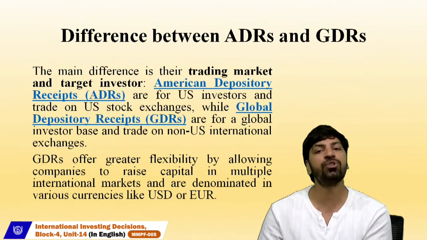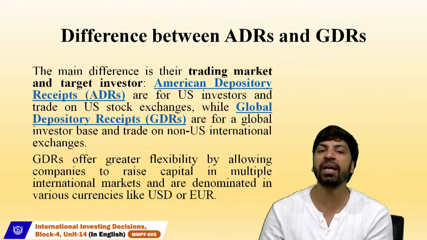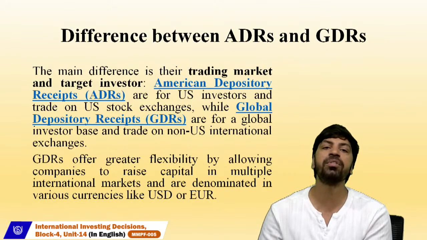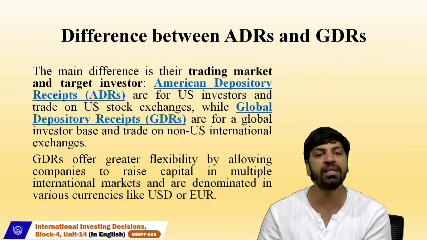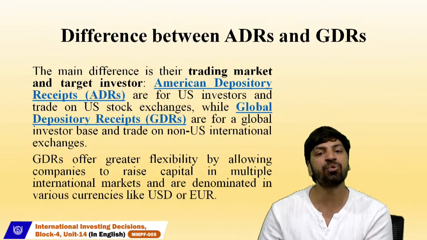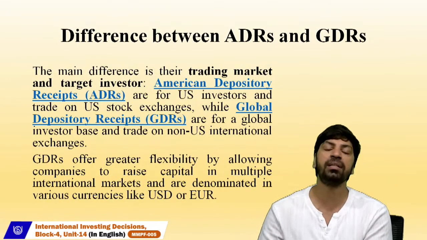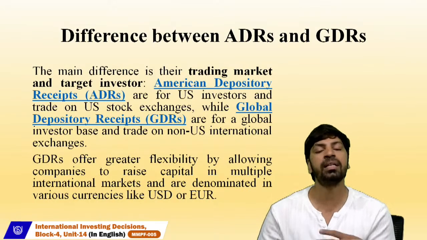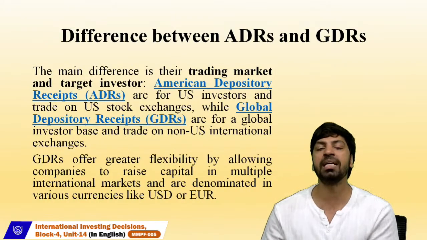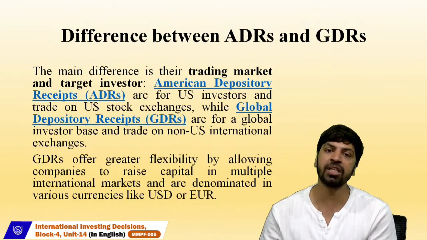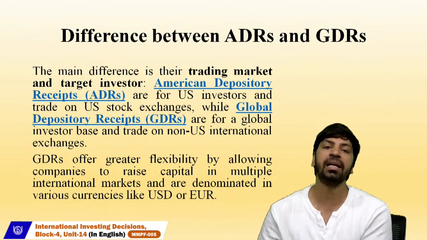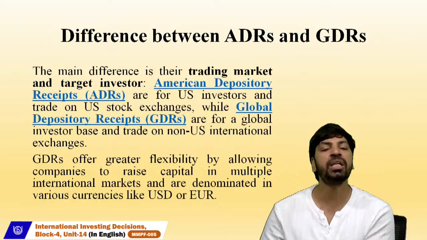ADRs are for US investors who trade on the US stock exchanges, while global depository receipts are for global investors belonging to different countries, who trade on non-US international exchanges. This is the main difference between these two. American deals with the American exchanges, and global deals with non-US international exchanges.